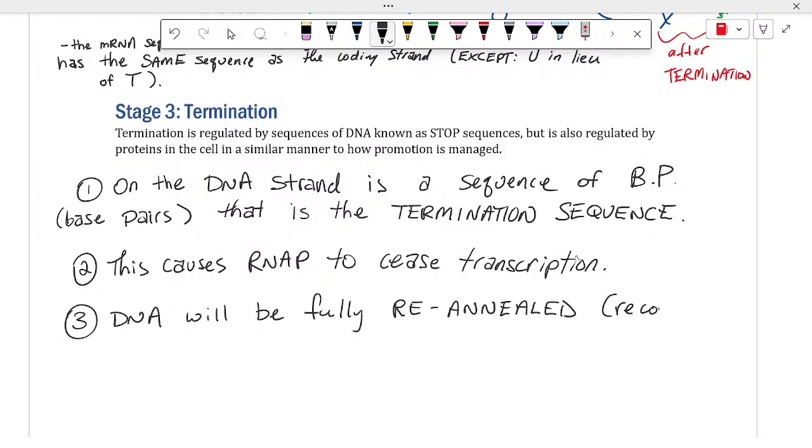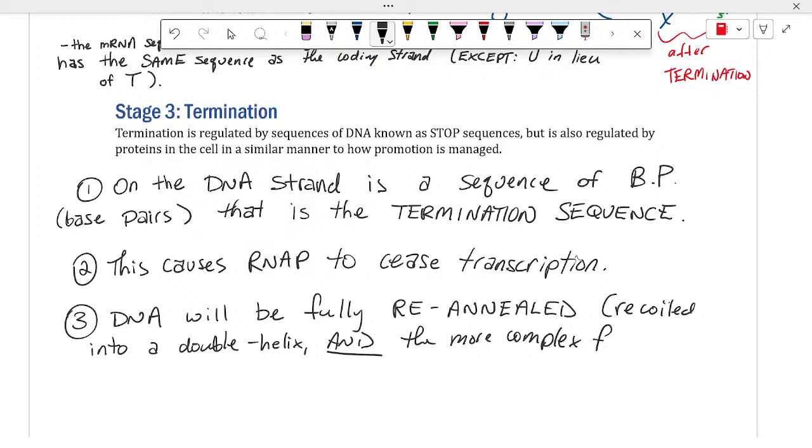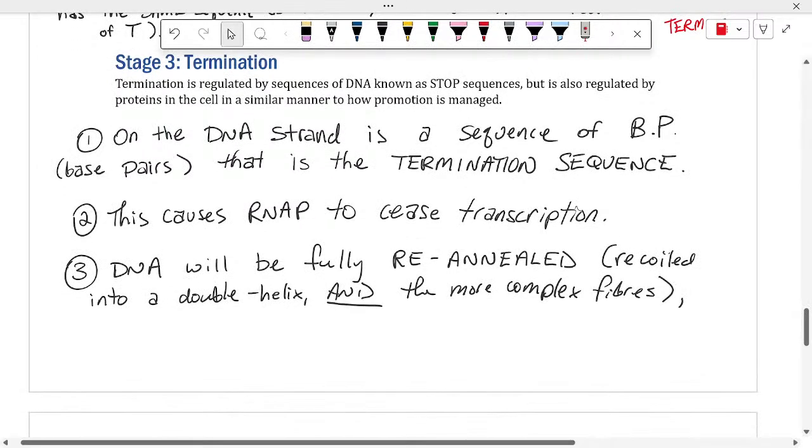In other words, recoiled into a double helix, and the more complex fibers. You remember that from the beginning of the previous note, right? How they wrap around the histones, forming the nucleosomes, how those fold, and you get the 30 nanometer fiber, and so on. So the DNA will be fully re-annealed, and the mRNA strand will be free.